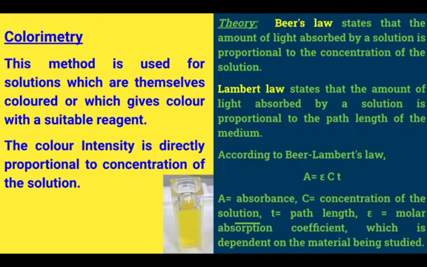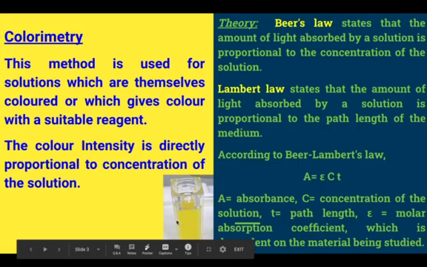Whereas Lambert's law states that the amount of light absorbed by a solution is proportional to the path length of the medium. See, this is the sample cell or the cuvette in which we take the sample solution. So path length means it is this distance, the distance through which the light passes through the medium.